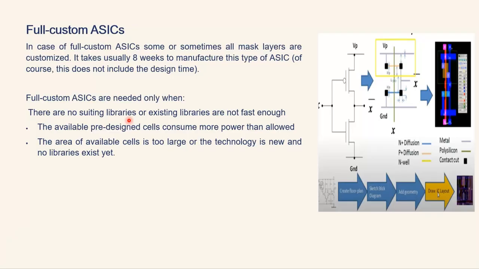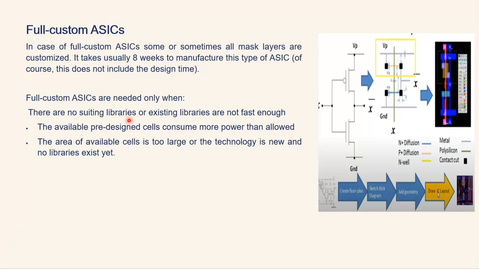For example, as I told you, if you want to develop a circuit, suppose this is the logic which you want to develop, and this logic includes block X, block Y and block Z. If blocks X, Y, Z are available to you, what will you do being an engineer?